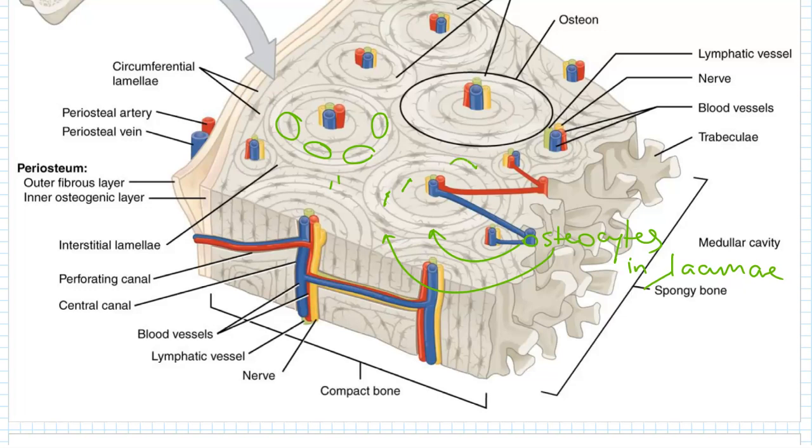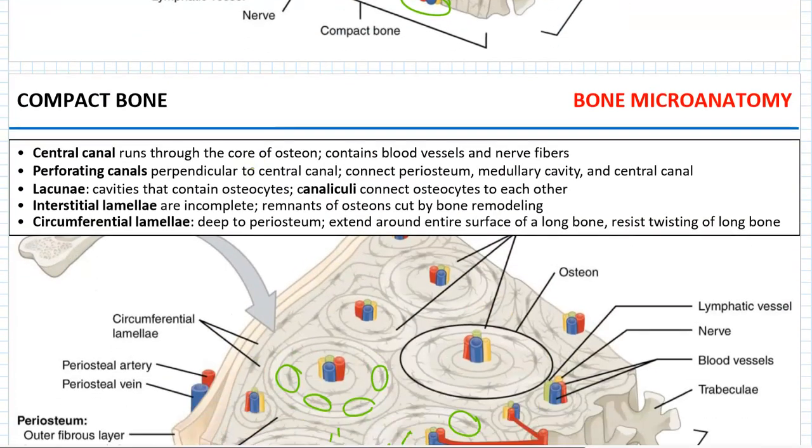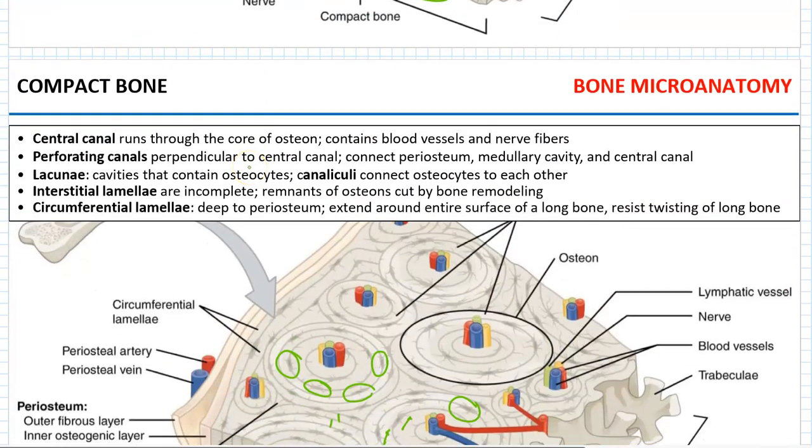So these projections are housed within small channels called canaliculi. The function of these canaliculi is to connect osteocytes to each other. Effectively, canaliculi connect lacunae in which osteocytes are sitting.